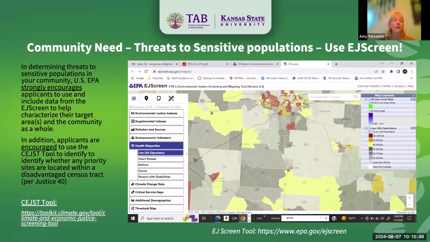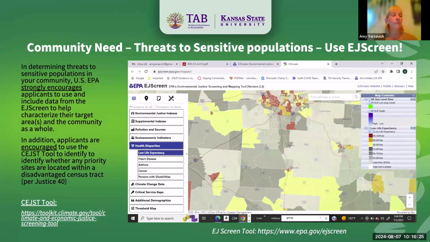It will also give you health disparities, as indicated in this picture, for things like low life expectancy or heart disease, asthma, cancer, things that US EPA is going to want to see in these grants when they're talking about health effects. So you want to use this, as Beth mentioned, it breaks down into census block groups instead of large tracts.